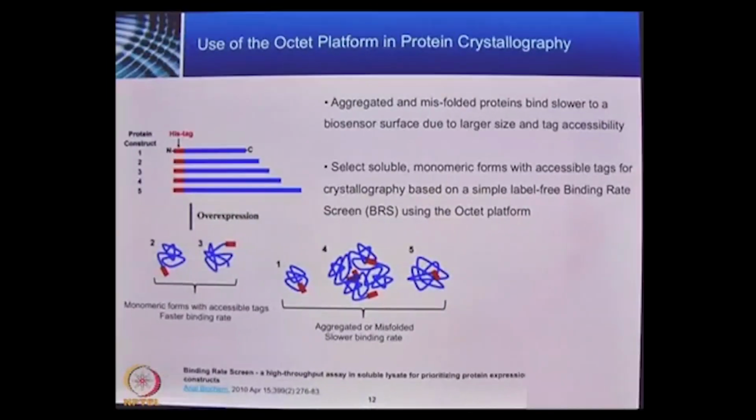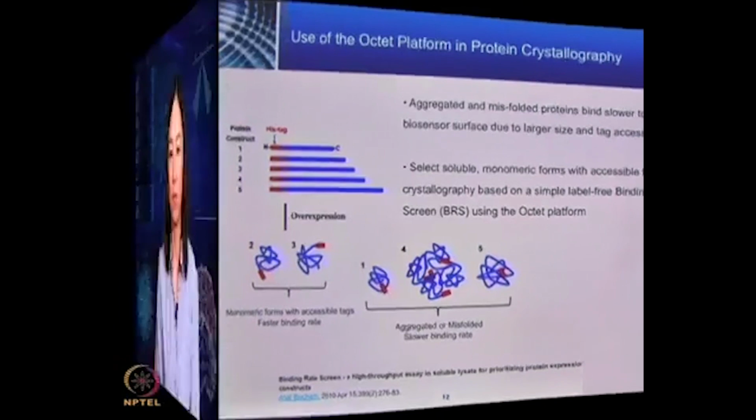What they have done is they have attached the his tag together with the protein as an N-his tag protein. So the experiment is carried out based on 2 assumptions. Firstly, if the protein is folded correctly, the tag will be exposed on the surface, which allows it to bind to the biosensor.